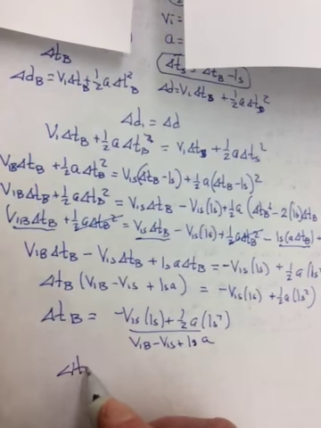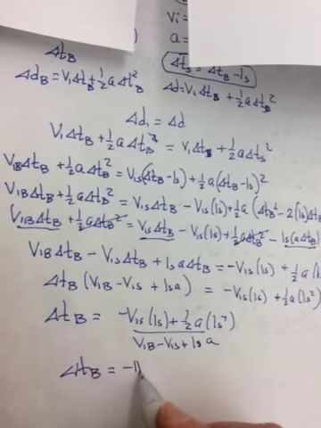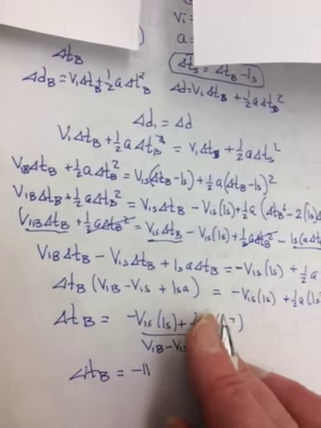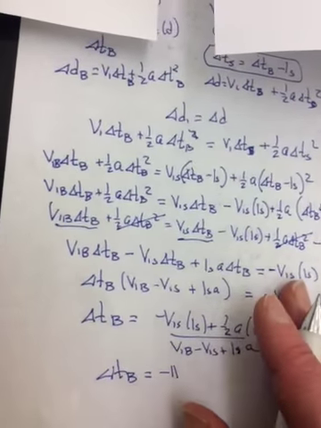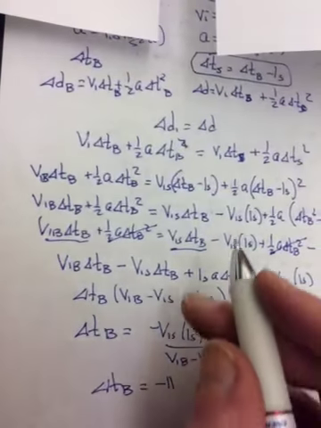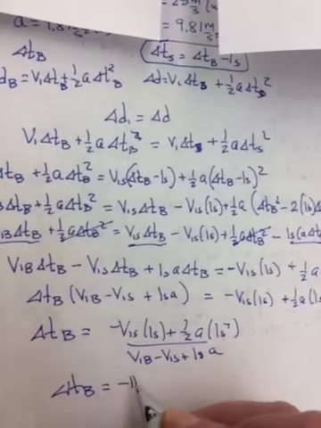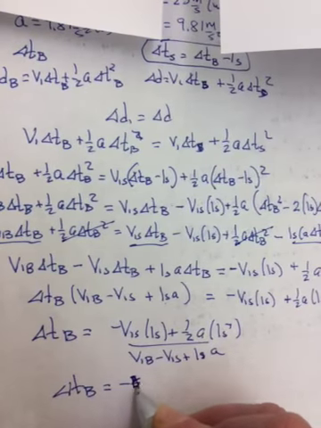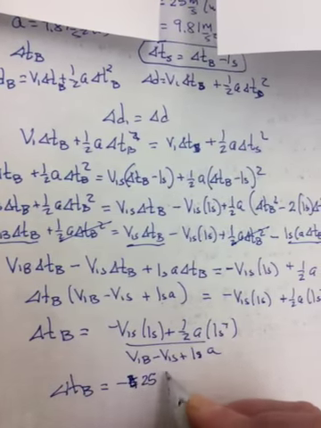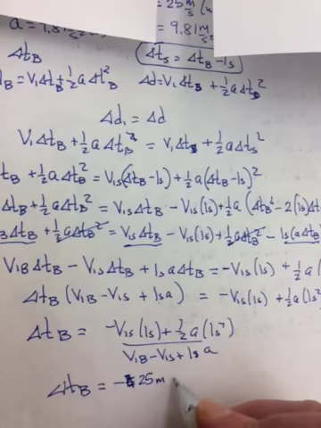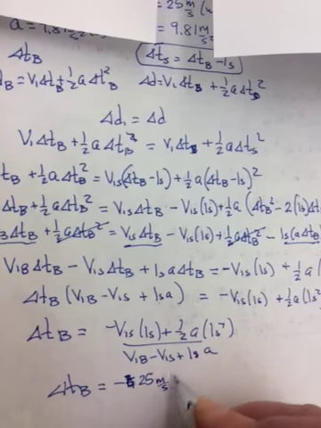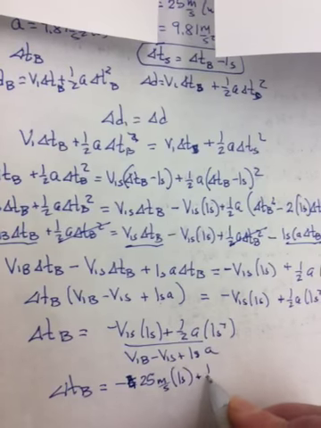Fill in your numbers. So a negative, that's stone. So which one's that? It's the stone. So 25. Negative 25 meters per second times 1 second, plus 1/2.